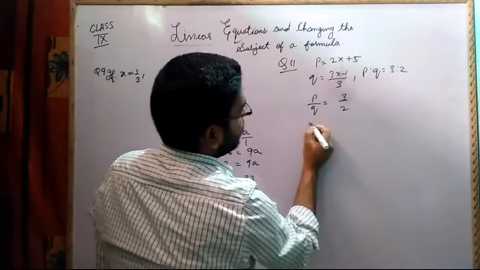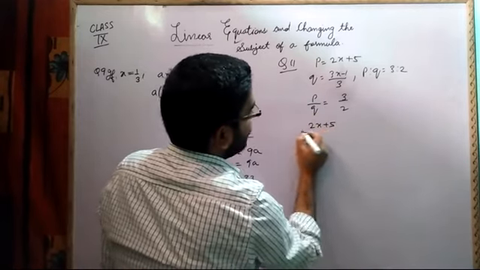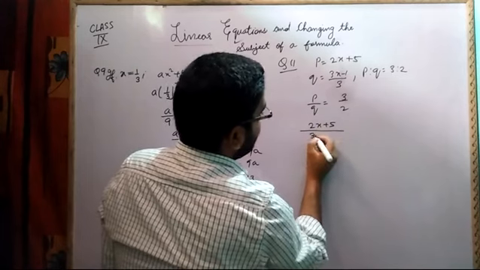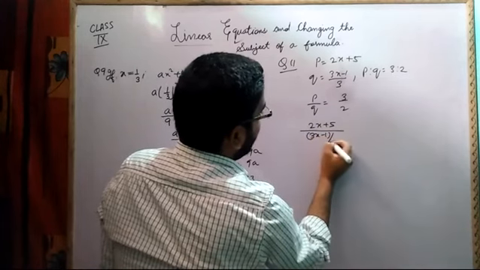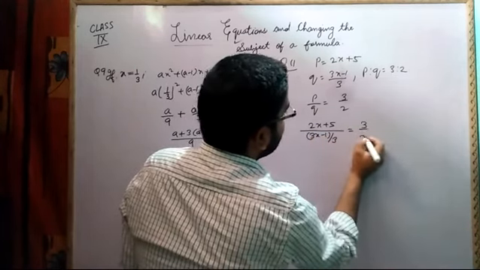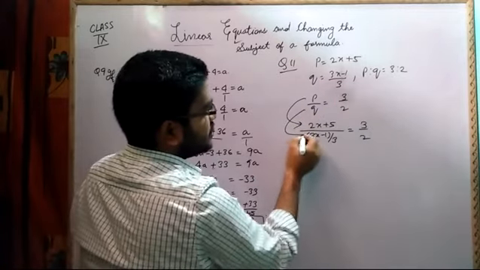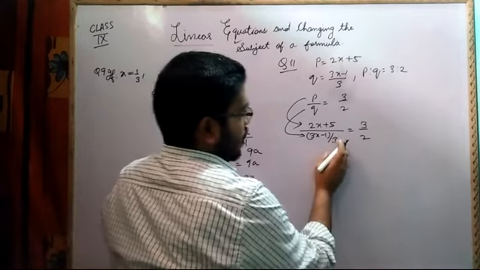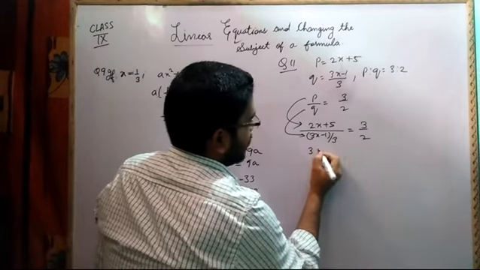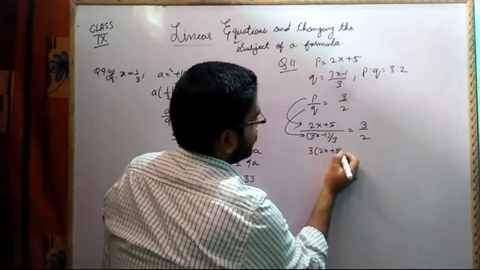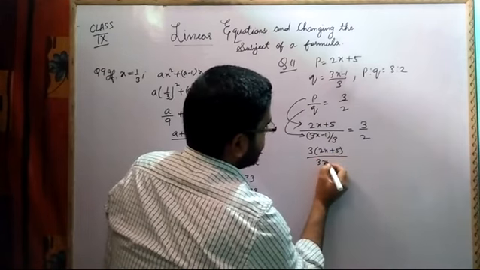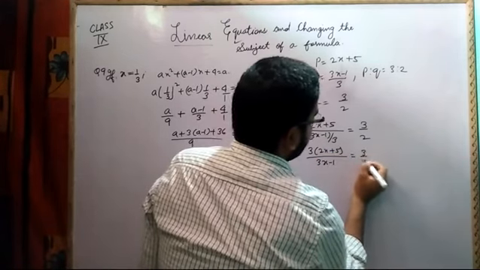Now substitute the value of P. It is 2x plus 5 whole divided by 3x minus 1 by 3 is equal to 3 by 2. Right hand side, left hand side, we have substituted the value of P, substituted the value of Q. Now this 3 will go up, so it will become 2x plus 5 by 3x minus 1 is equal to 3 by 2.